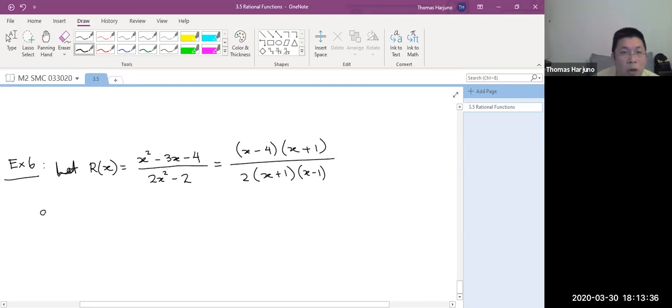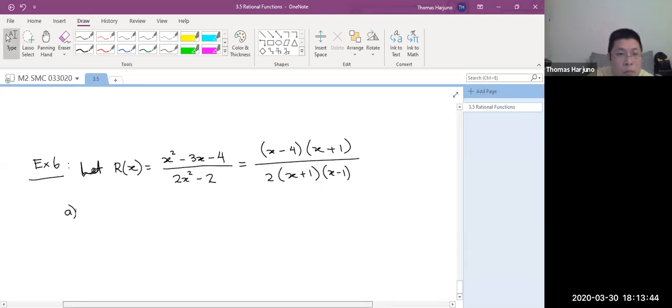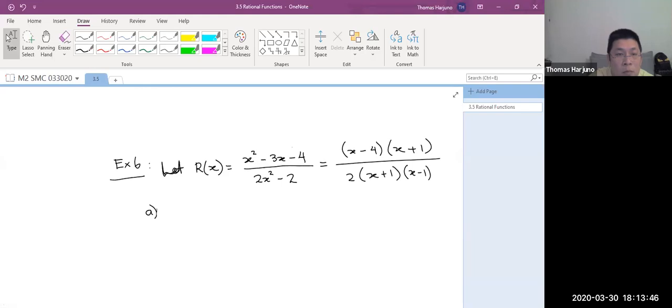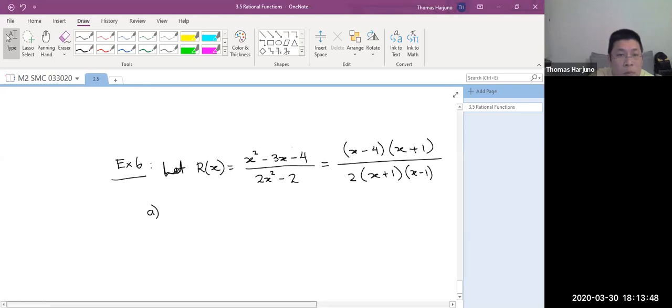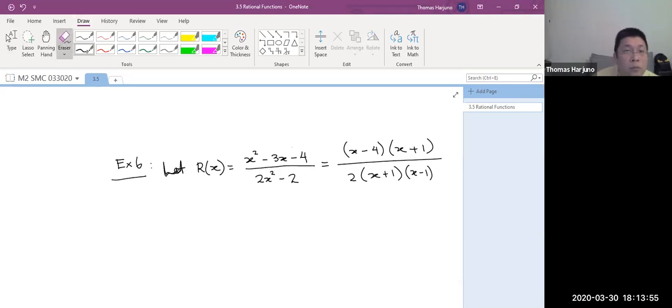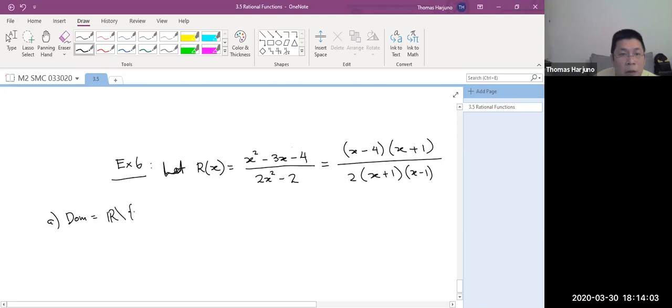Then from here we see that the domain is all real numbers except negative 1 and 1.